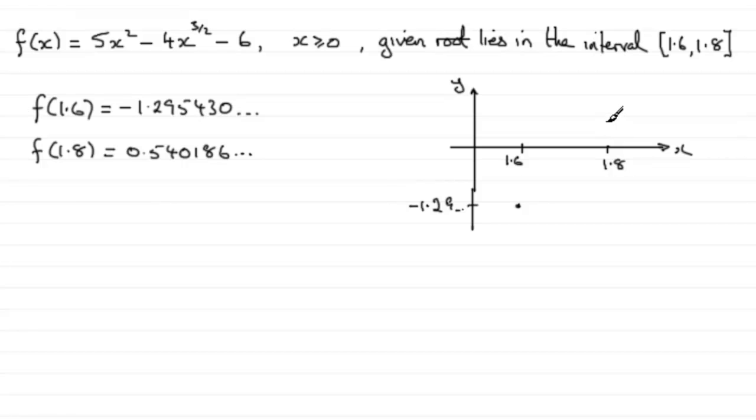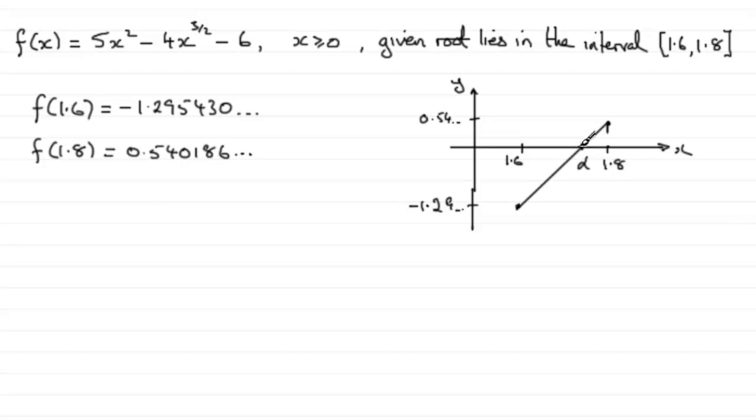And we've got up here a positive value at 0.54 and so on. So if I was to draw a line between those two, this is our root, alpha. And we're using linear interpolation, so we're expecting to assume that the graph is linear through here. It's not, but that's what we're basically doing.